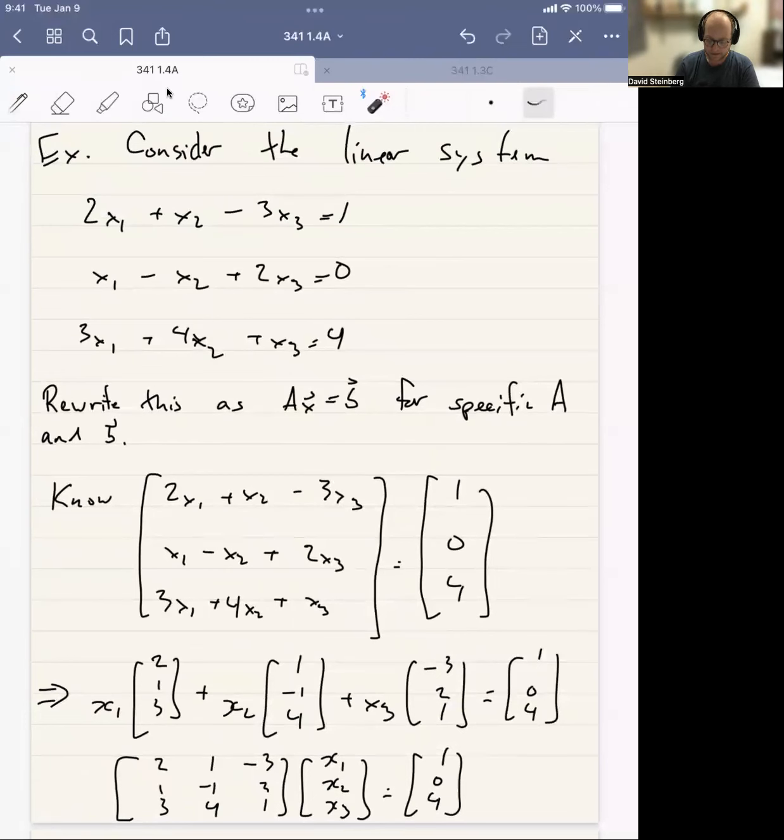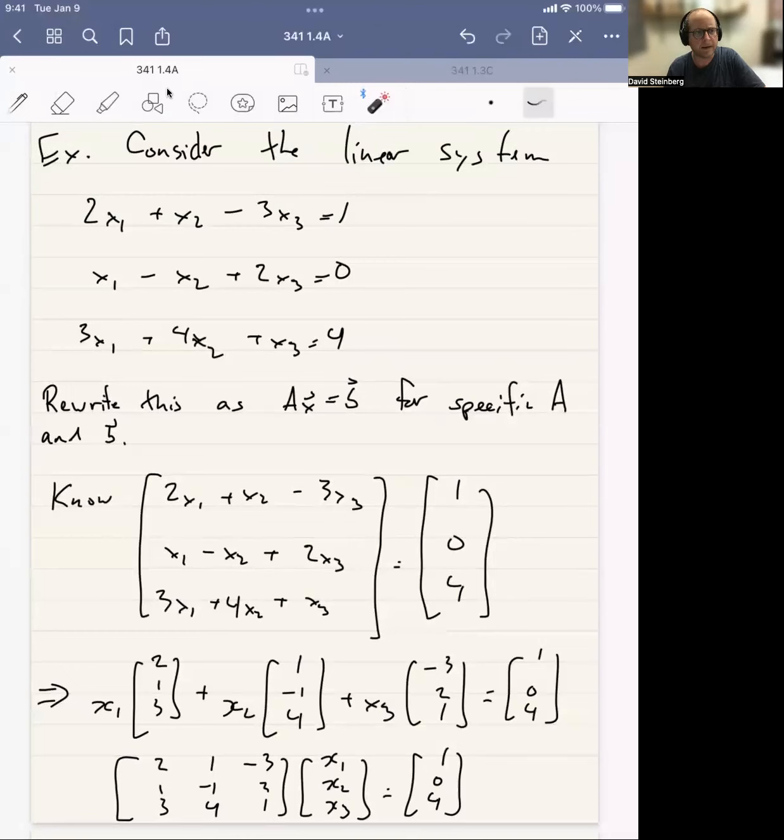And in particular, the matrix we're getting back here isn't just any old matrix. It is our old friend, the coefficient matrix of our linear system, right? 2, 1, -3, 1, -1, 2, 3, 4, 1. All right.